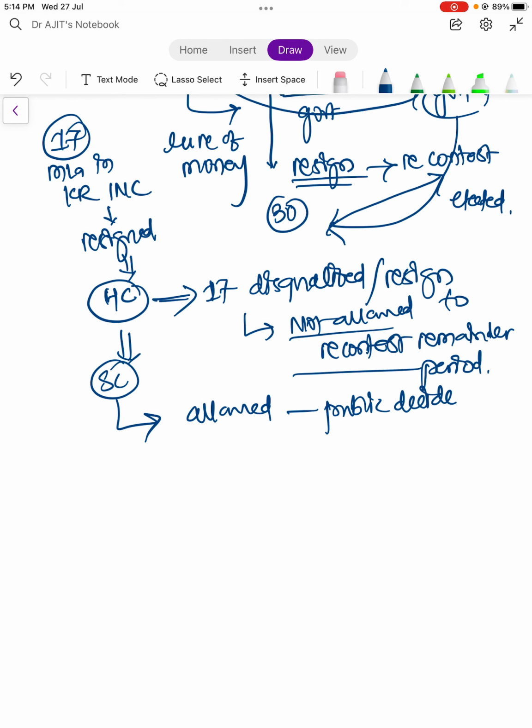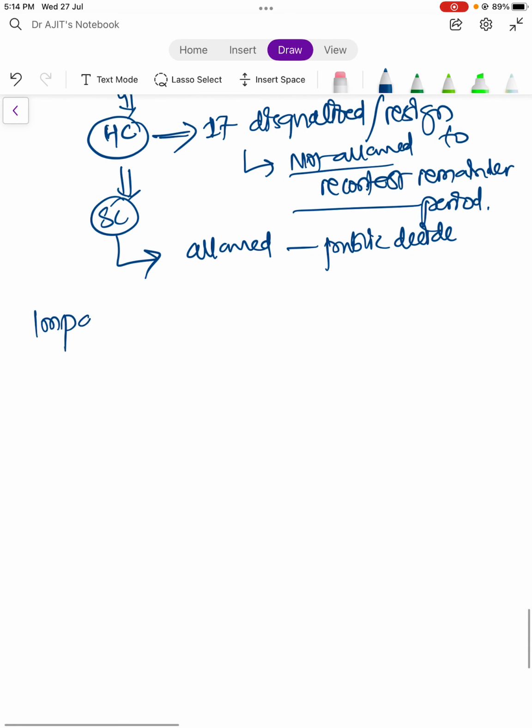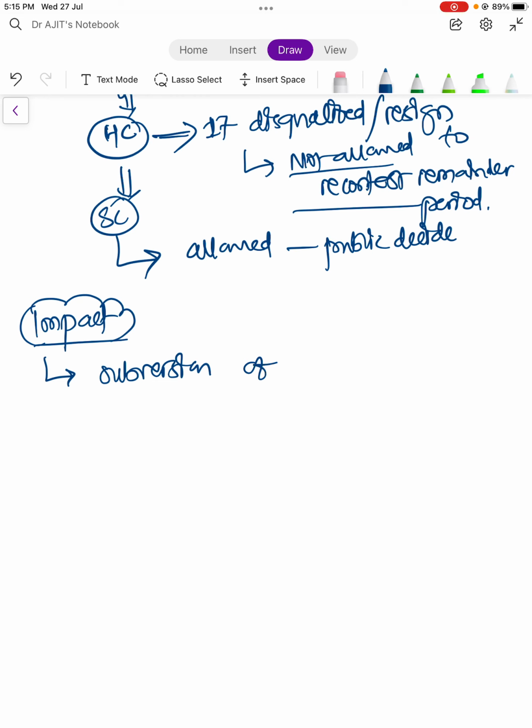Now we'll see the impact of anti-defection on democracy. First, it is a subversion of the election mandate, right? Voters give votes to one particular member considering his political affiliation, political party, but after getting elected, when he shifts his political party, that is a subversion of the mandate given by the public or the citizens.